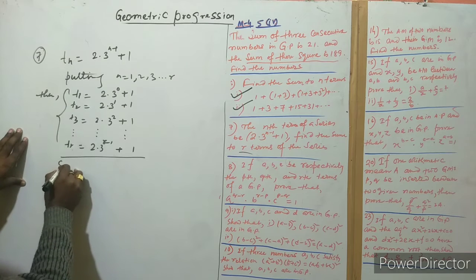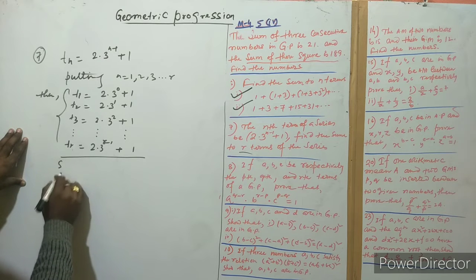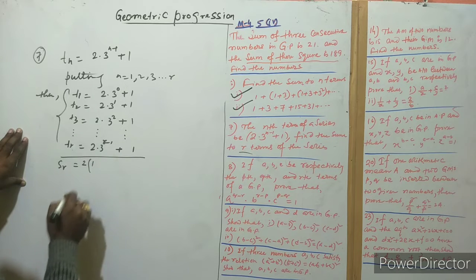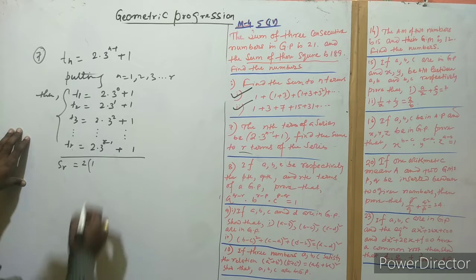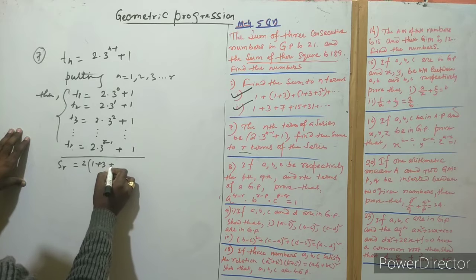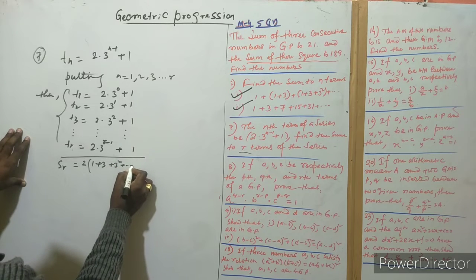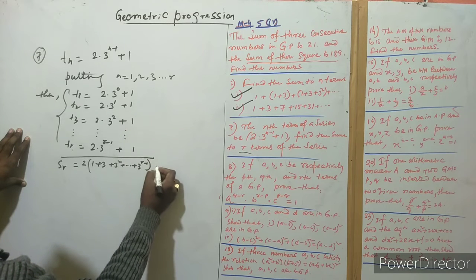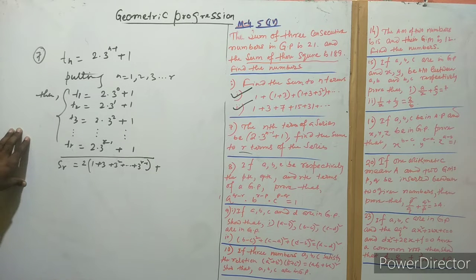Doing the sum of this, we get here n is r, and taking a common 2 here, we get 2 times 3 to the power 0, which is 1, plus 3, 3 squared, and so on up to 3 to the power r minus 1, plus 1 added r times. Actually, what do you see here?